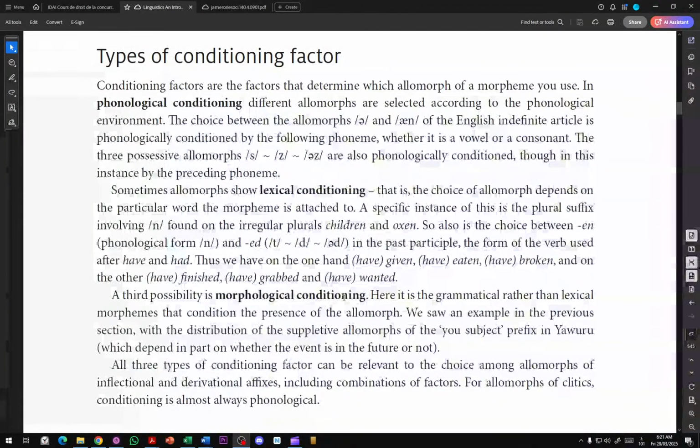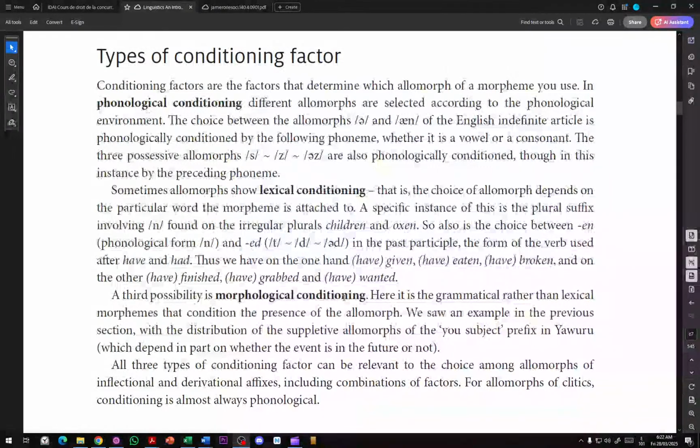Grammatical rather than lexical morphemes that condition the presence of the allomorph. I'm confused. Grammatical morphemes.